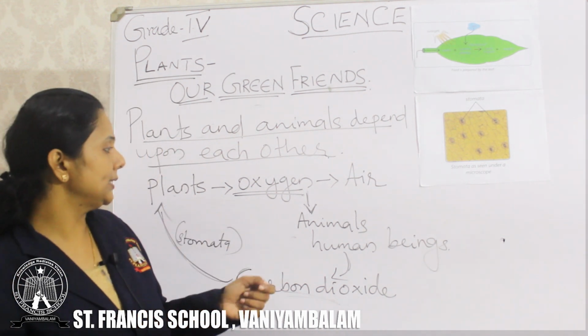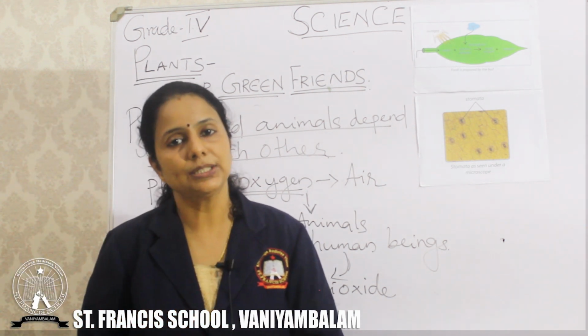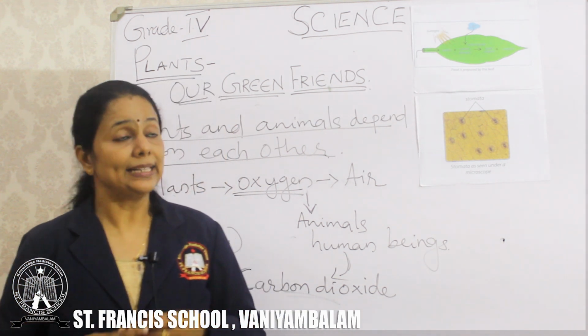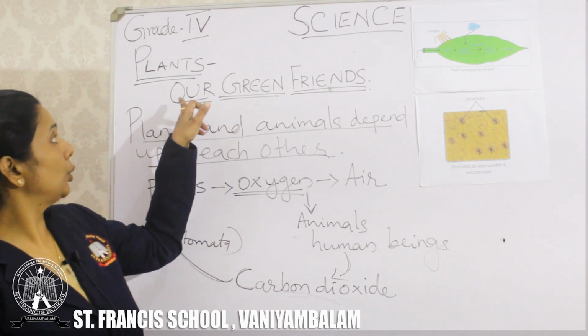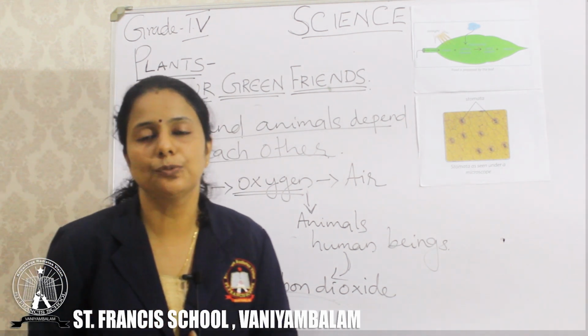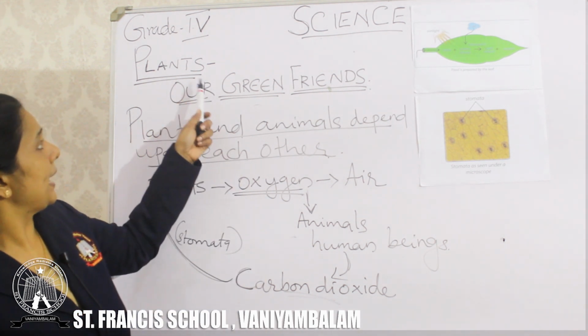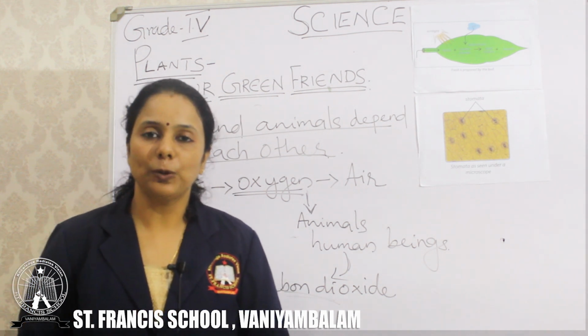In addition to oxygen and food, plants also give us shelter, wood, medicines, etc. That is why plants are called our green friends. As I told you, plants are very useful and helpful to us, and that is why we are calling plants our green friends.